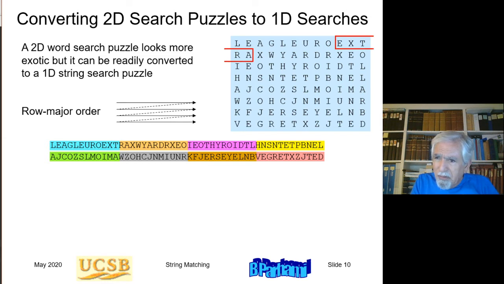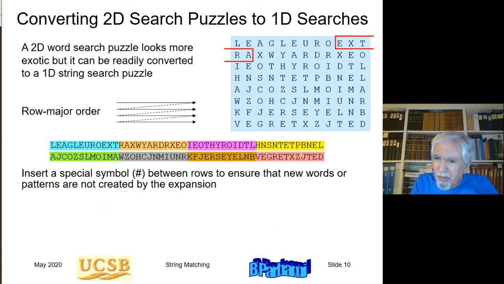Or I can do column unroll. Now, when I do this, something happens that is undesirable. That is, this word extra appears in the 1D version of the puzzle, whereas it did not exist in the 2D version.